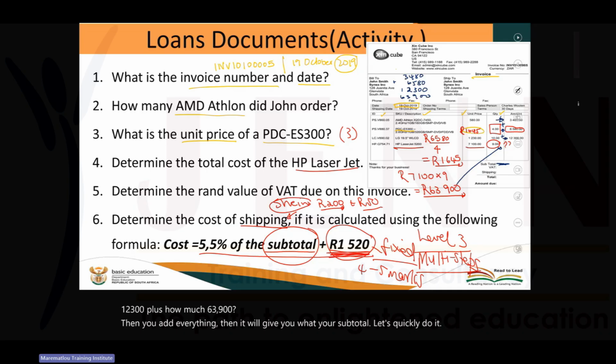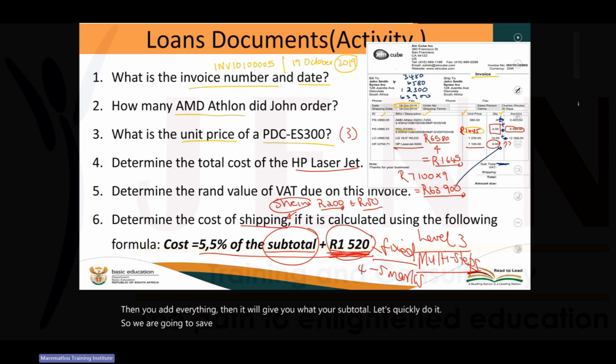So we are going to say 3,480 plus 6,580 plus 12,300.